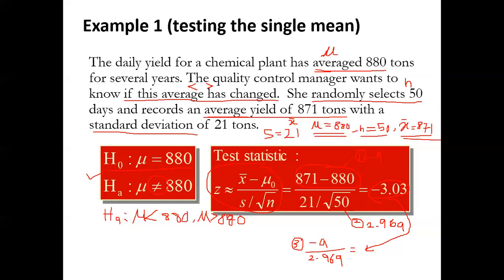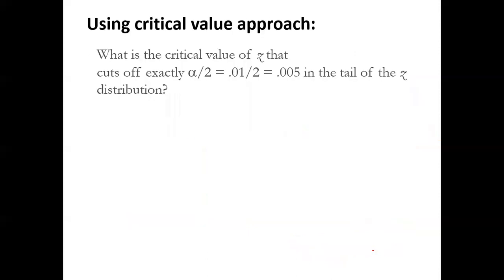So the next step, you need to find the critical value or the P value. Let's say you are using the critical value approach. So what is the critical value of Z that cuts off exactly alpha divided by 2, that is 0.01 divided by 2 equal to 0.005 in the tail of the Z distribution? But we need to divide by 2 because we want to know both tails, that is greater than 880 or less than 880.